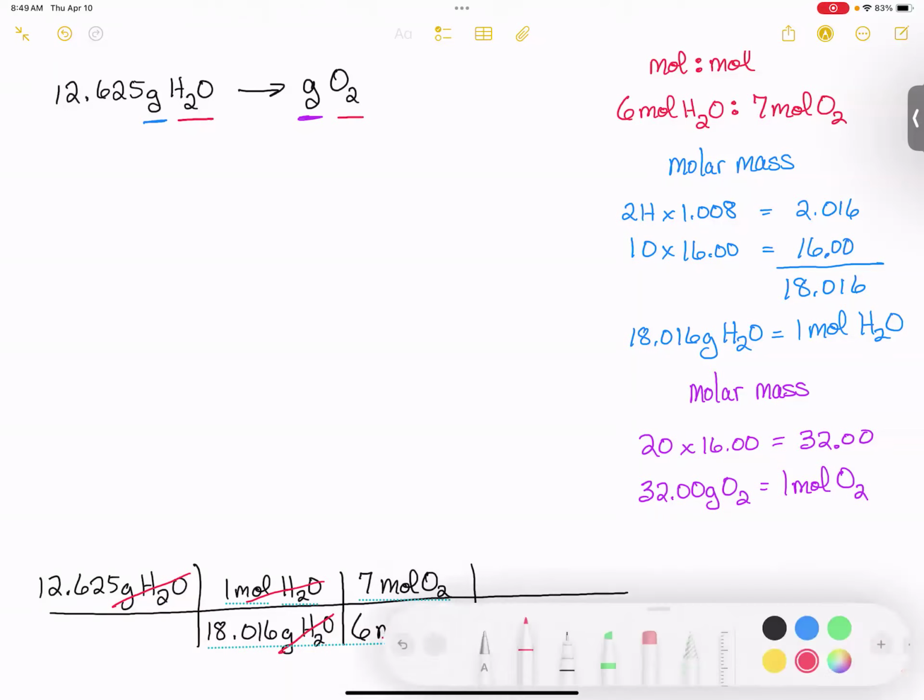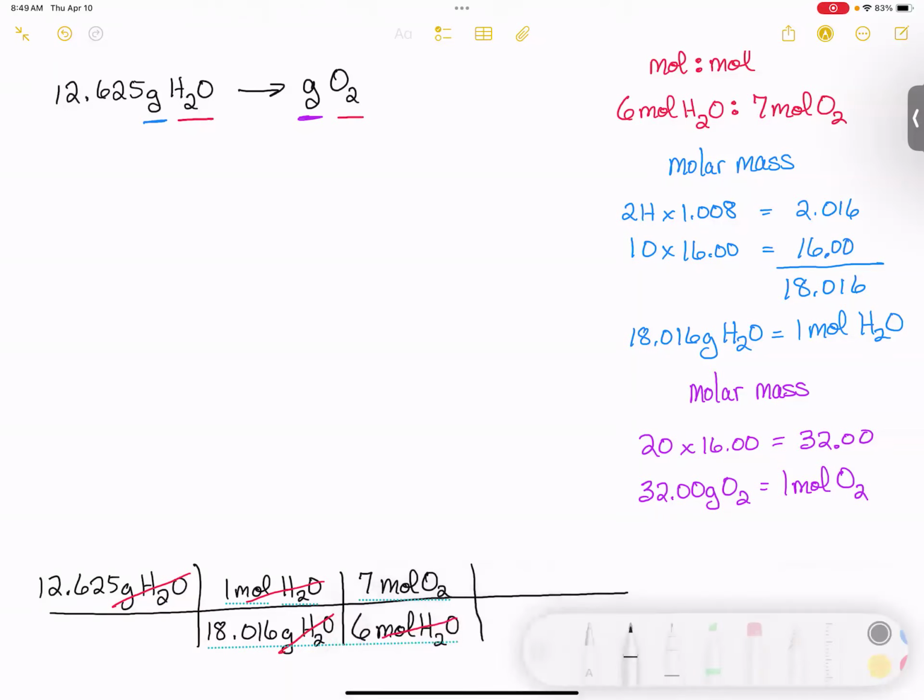But we were asked for grams of oxygen, so we're going to use the molar mass of oxygen. We're going to place the 1 mole of oxygen in the denominator with the 32.00 grams of oxygen in the numerator. We placed the 1 mole of oxygen in the denominator because we needed the unit and the substance to cancel.